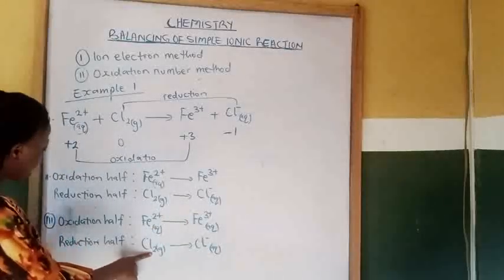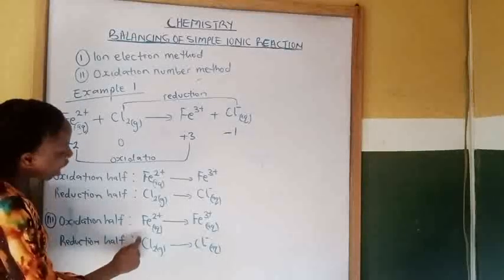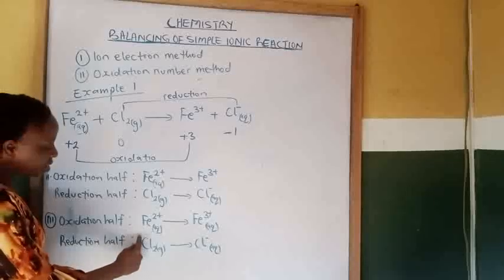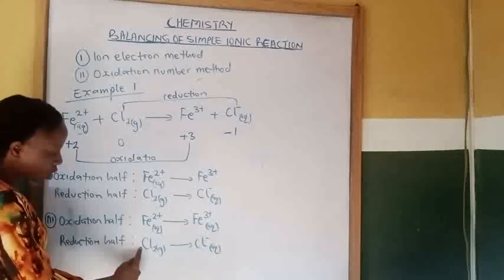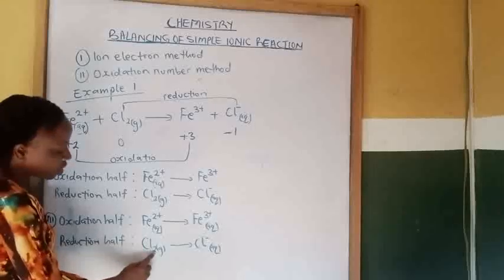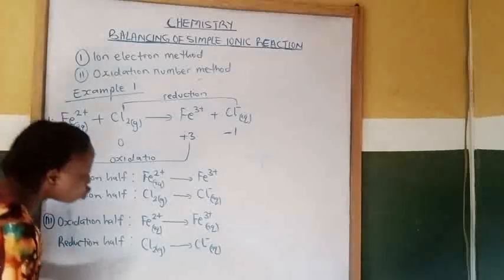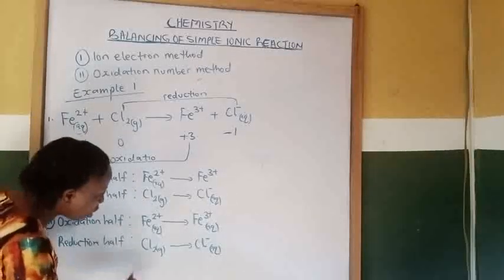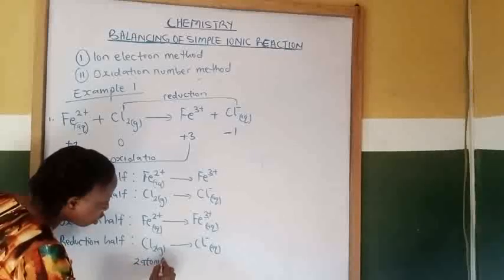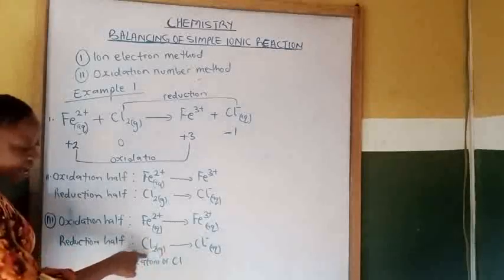Now let's look at the reduction half. At this reduction half, the chlorine has a coefficient of 1. So 1 times the subscript, that is 2. This shows that we have 2 atoms of chlorine at the reactant side.